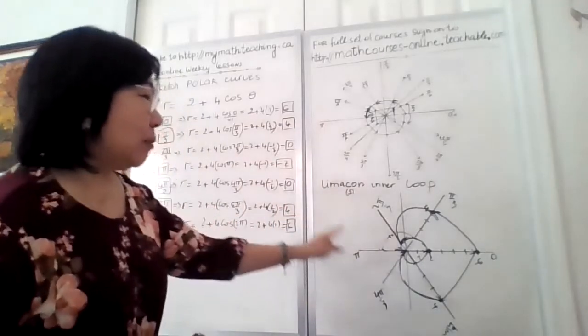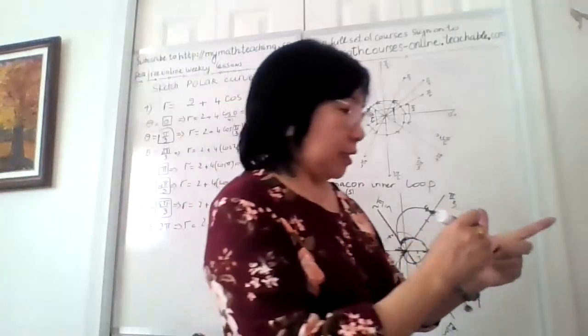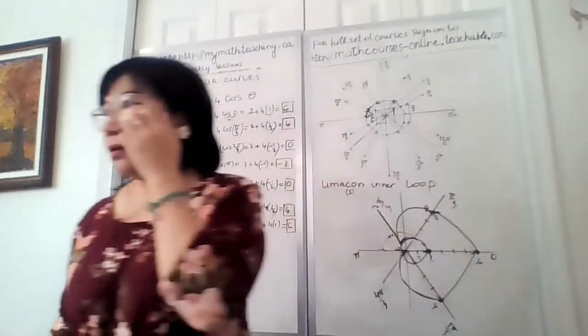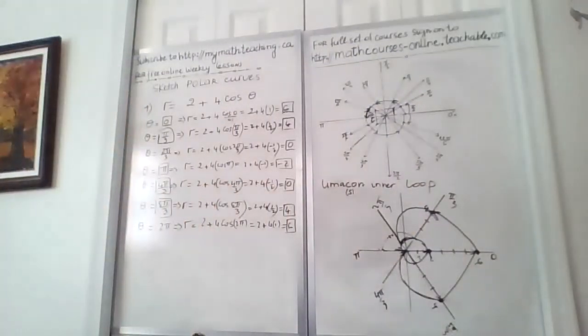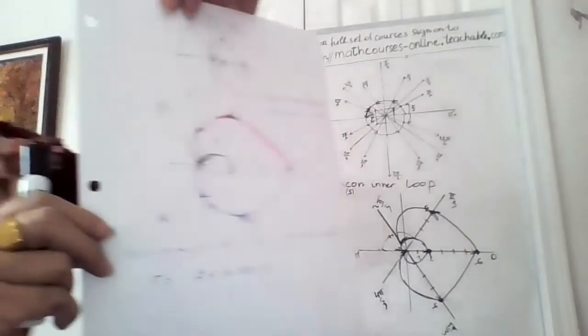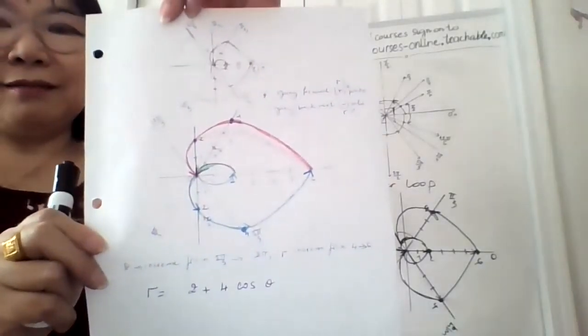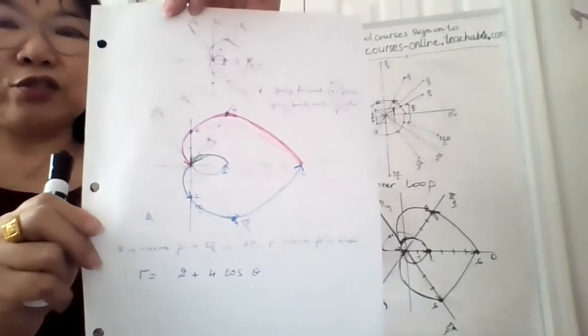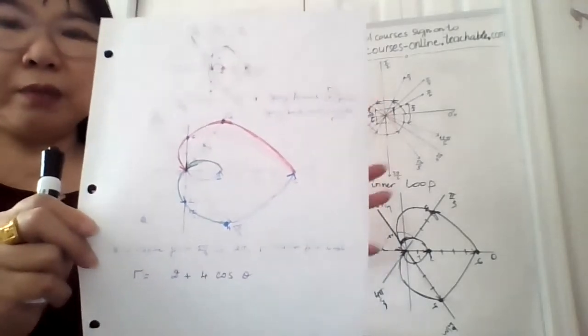So that is the shape of how we sketch this. And you can see that on my paper here, this is exactly how it looks. Right? So the way I show you on the board is exactly the way I show you on my paper.